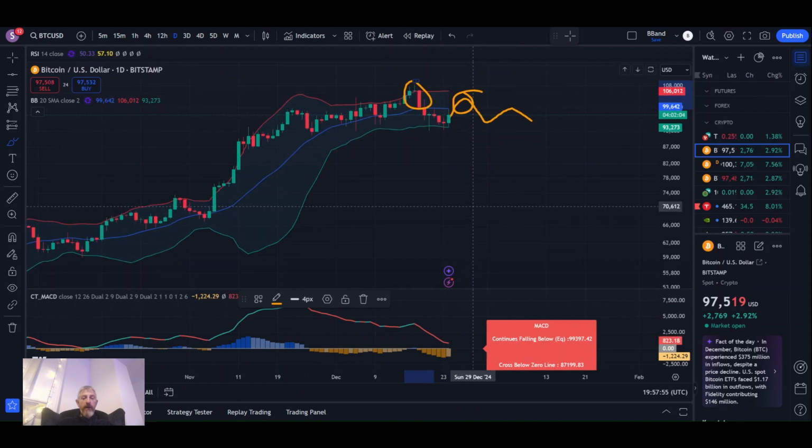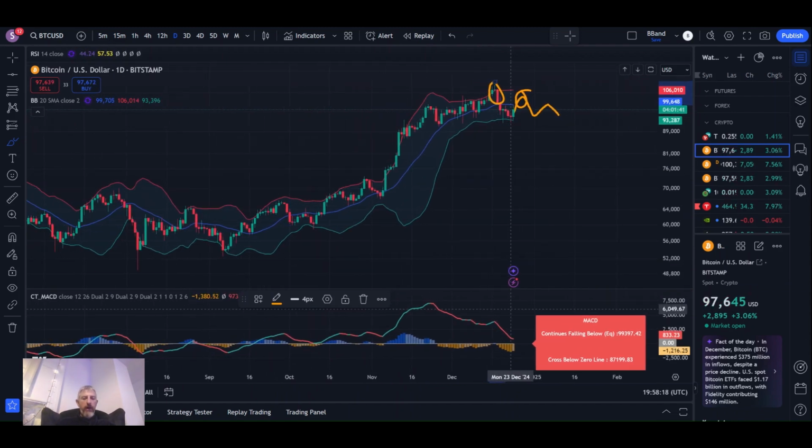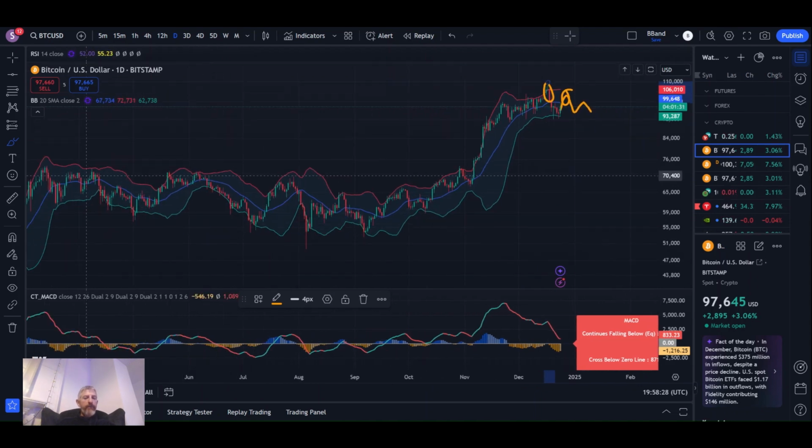Also, you can see that the momentum, so the MACD, will continue with a downside posture as long as Bitcoin's closing dailies below 100K, which was very much rejected at the midpoint of the Bollinger Band today. And it's getting quite close to the zero line. Now, the last time Bitcoin was below the zero line on the MACD here was all the way back over here when the price was at 60K during that massive 6-month consolidation.